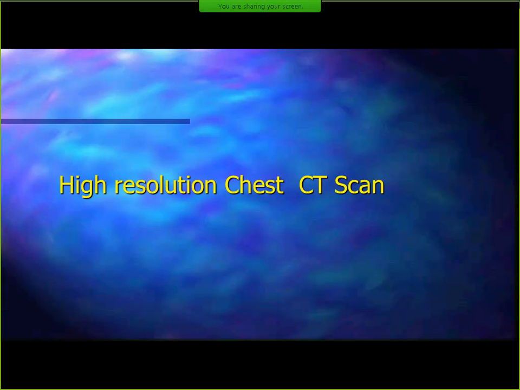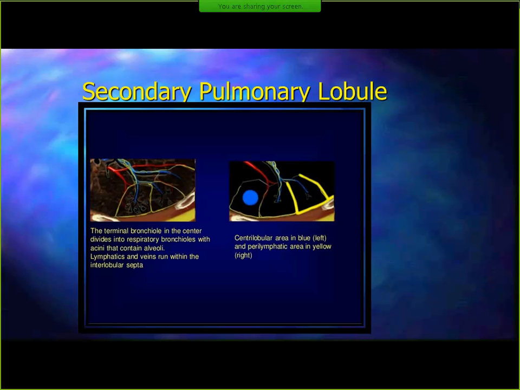Then we have special features. This is one of our tools. The radiologist is also involved in this, with high resolution CAT scan, chest X-ray, CAT scan. To understand the different patterns, you have to understand the anatomy of the secondary pulmonary lobule. The secondary pulmonary lobule here is the smallest unit. It's like the functional unit.